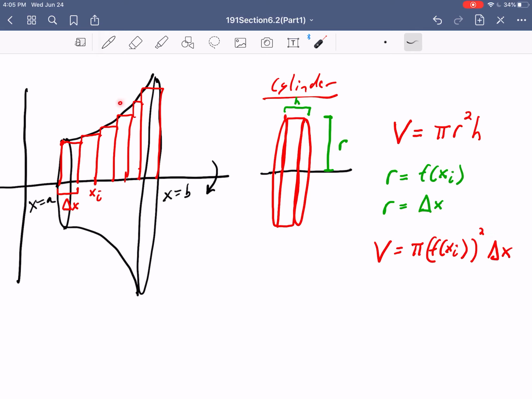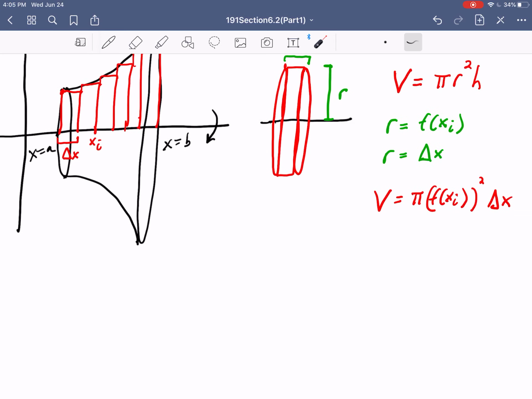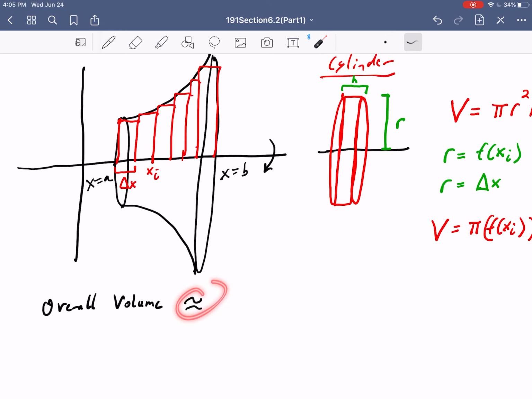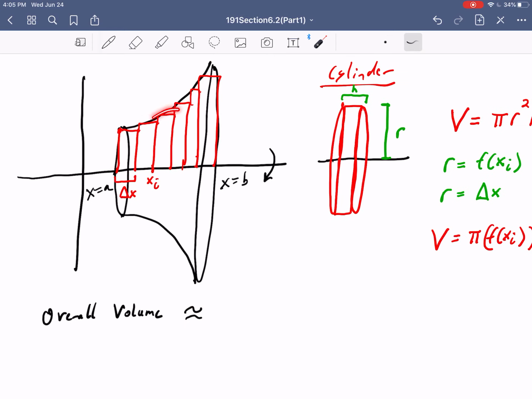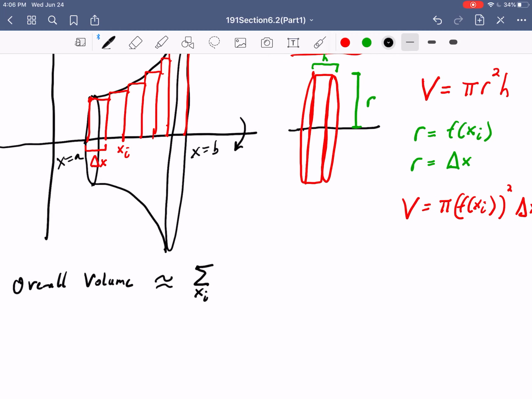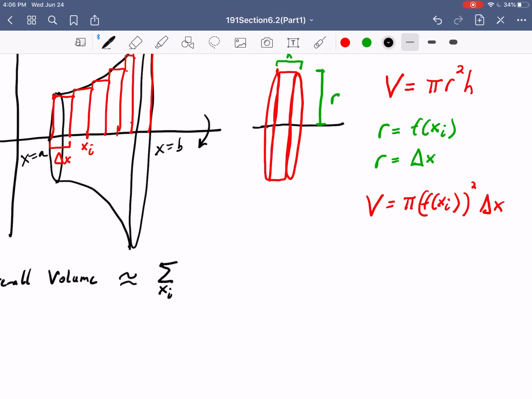Now, of course, the volume overall is approximately the sum of all these. So we can now say that the overall volume is approximately, and we have to say approximately because these rectangles only approximate the area, and certainly they only approximate the volume here, the sum over all the different x sub i of all of these volumes of these individual approximating cylinders.